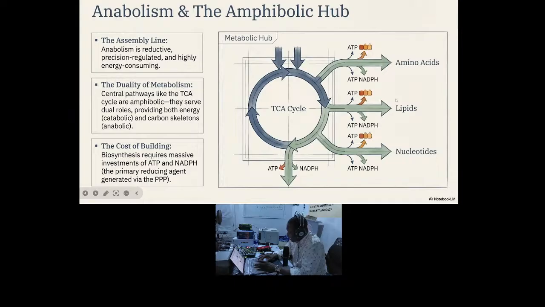At a point in time, they are building lipids. At a point in time, they are building nucleotides. Then at the same time they are also catabolic. So that is why they call it the duality of metabolism.